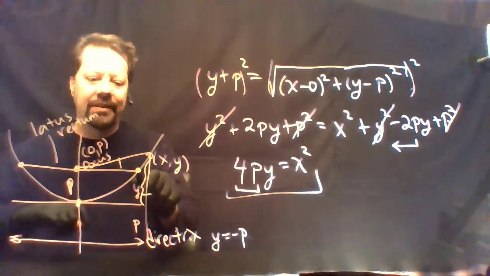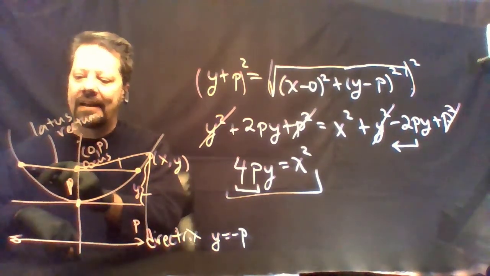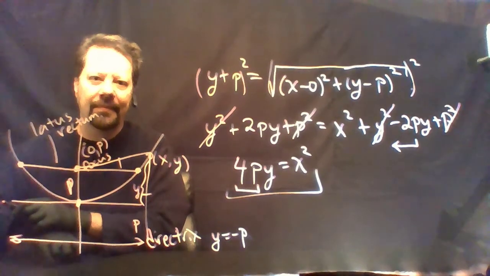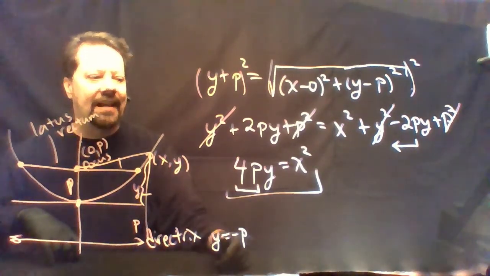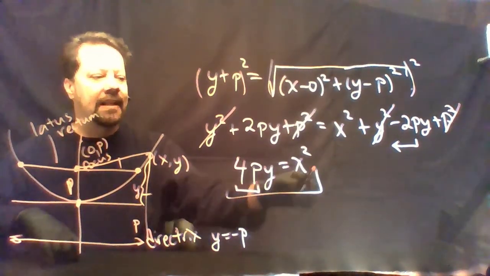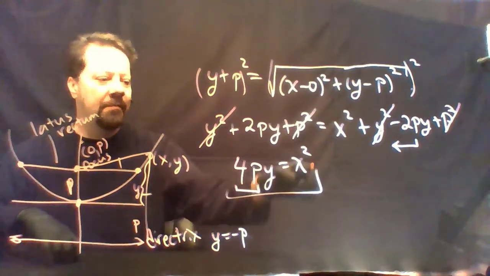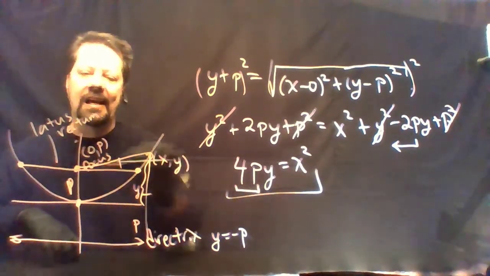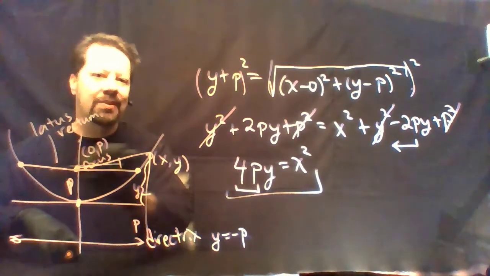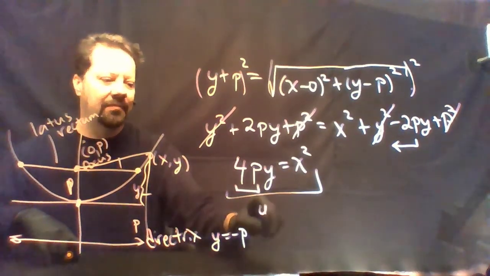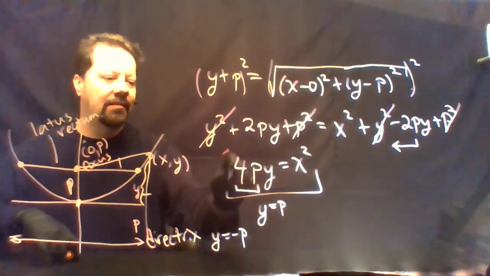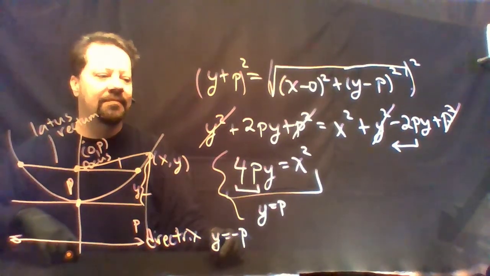The question I have for you is, how long is this latus rectum? It's pretty easy to find out. What we need to do is find the intersection between the parabola and the line y equals p.